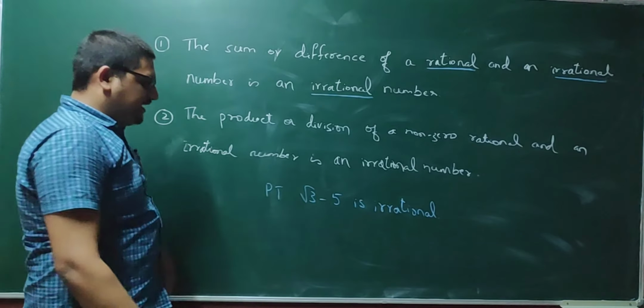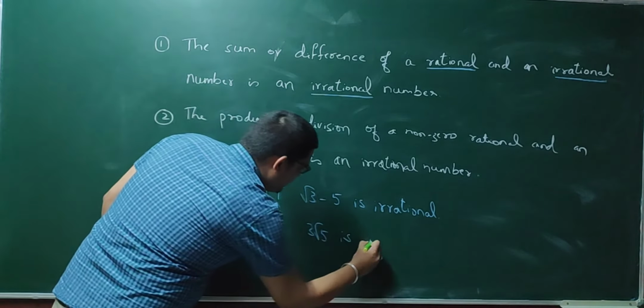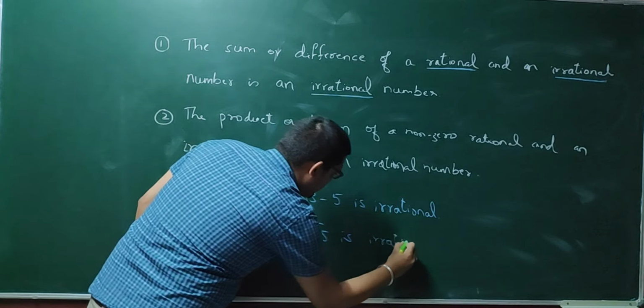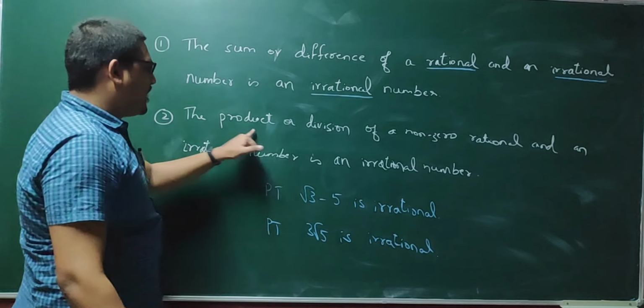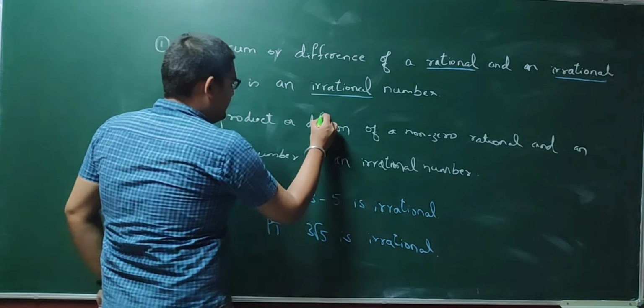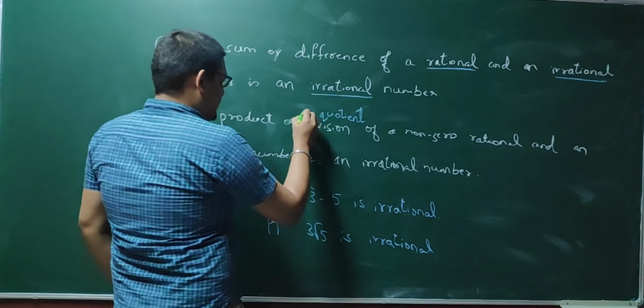Similarly, suppose I gave: prove that 3 root 5 is irrational. Here also you observe the product of rational and irrational. So product or division, or I can say quotient, is the other one.